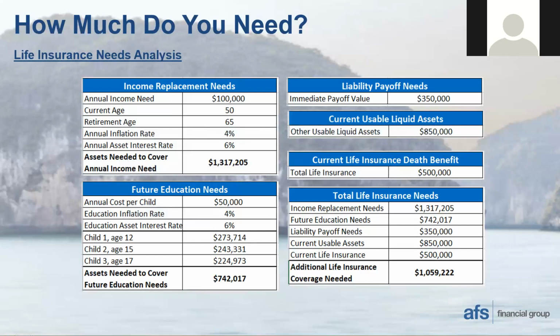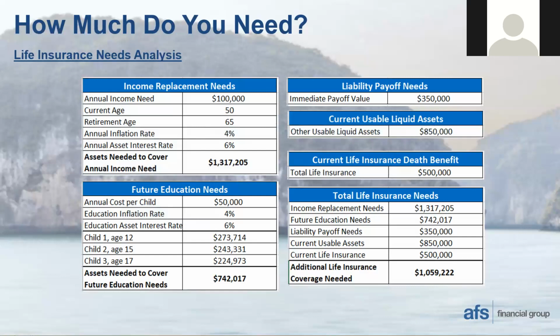Another really simple, back-of-the-envelope way of estimating how much income you need to replace is to just take 75%. Using round numbers, say your income is $100,000 a year. Take 75% of that, or $75,000, and multiply it by the number of years you expect to continue to work. That can be a pretty good quick estimate of how much insurance you need.